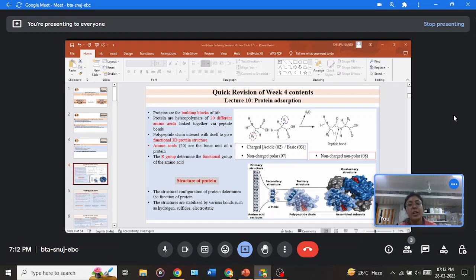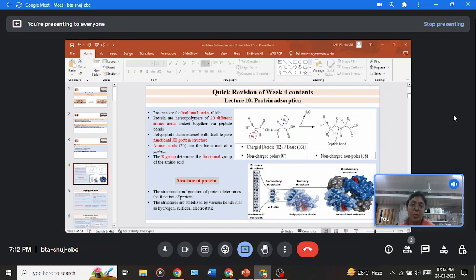Next, the polypeptide chain which interacts with itself gives the functional 3D protein structure. So basically there is a native and an unfolded structure, and the functionality of the protein is determined by its 3D structure. There are 20 different types of amino acids which form the basic unit of the protein, and the R group determines the functional group of the amino acid.